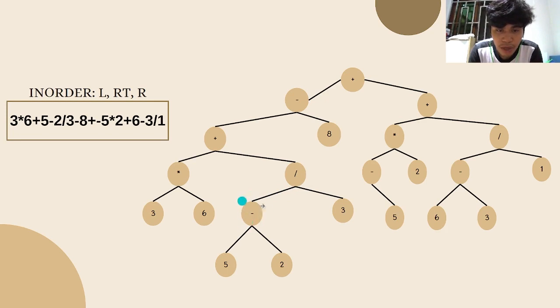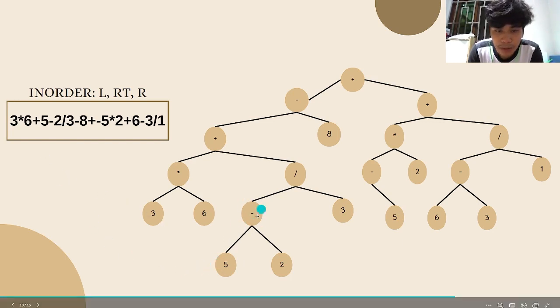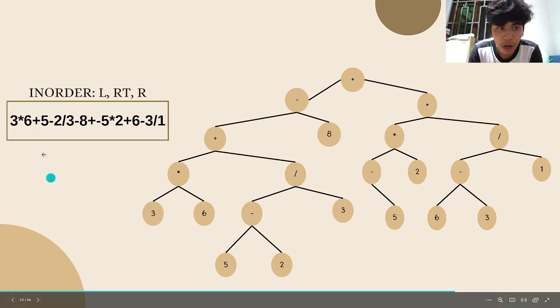So we are now here in the subtraction node, and we can still traverse to the left, and here we are met with a leaf node. Since we know that this is a leaf node already, we just print it out. Then we go back to the parent node of that constant, here the negative, which already traversed to the left, so we can print it out and then traverse to its right, where we meet once again a leaf node, and we can just print it out.